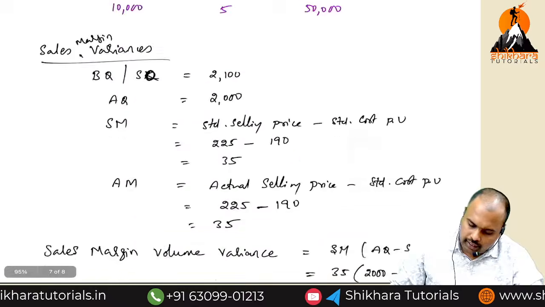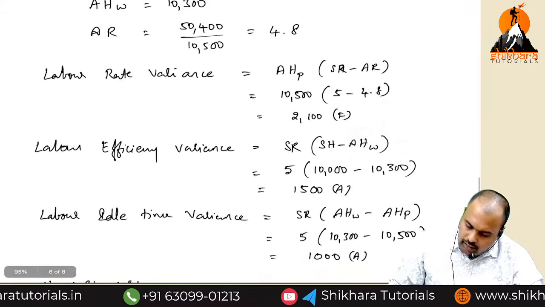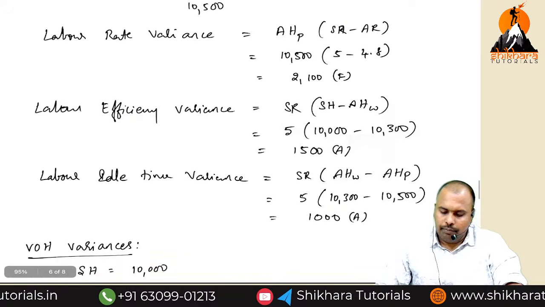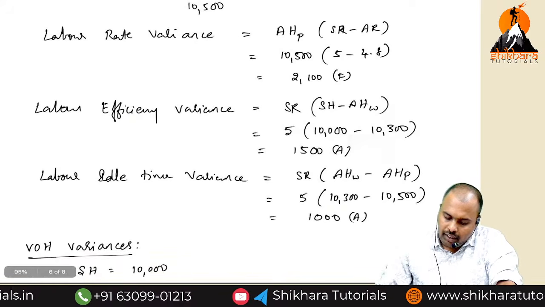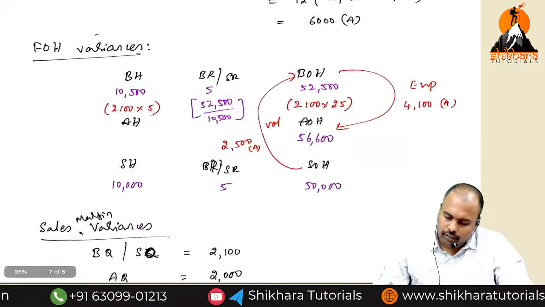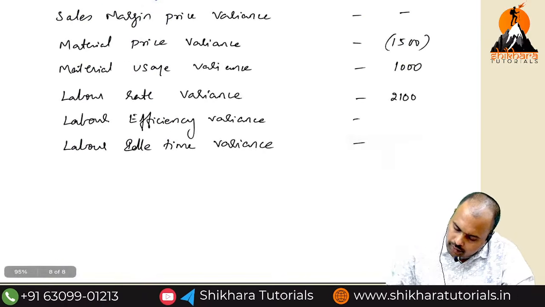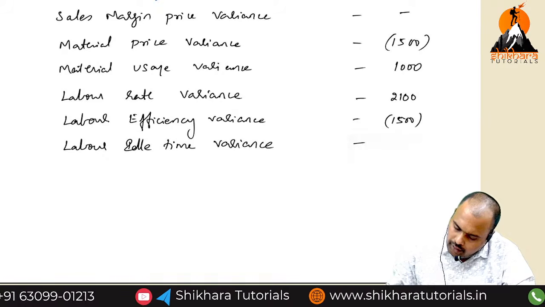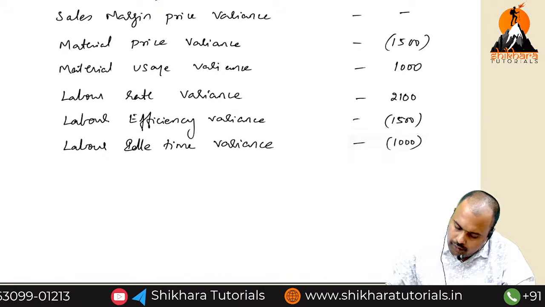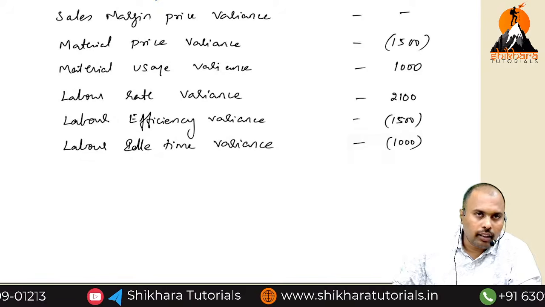What is rate variance? 2,100 adverse, favorable, 1,500 adverse, 1,000 adverse. So 2,100, 1,500, 1,000. Clear?